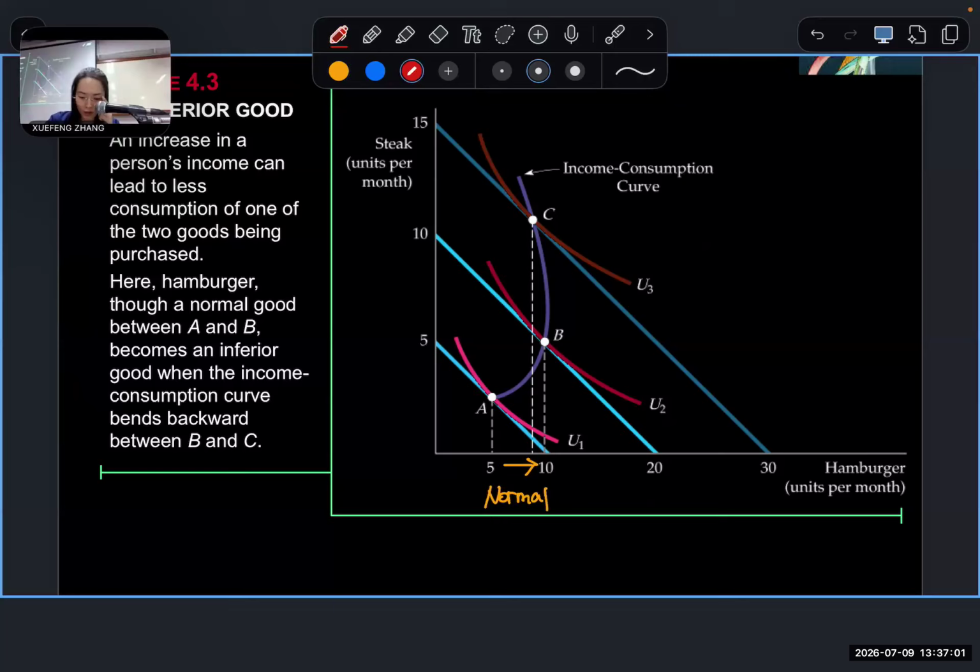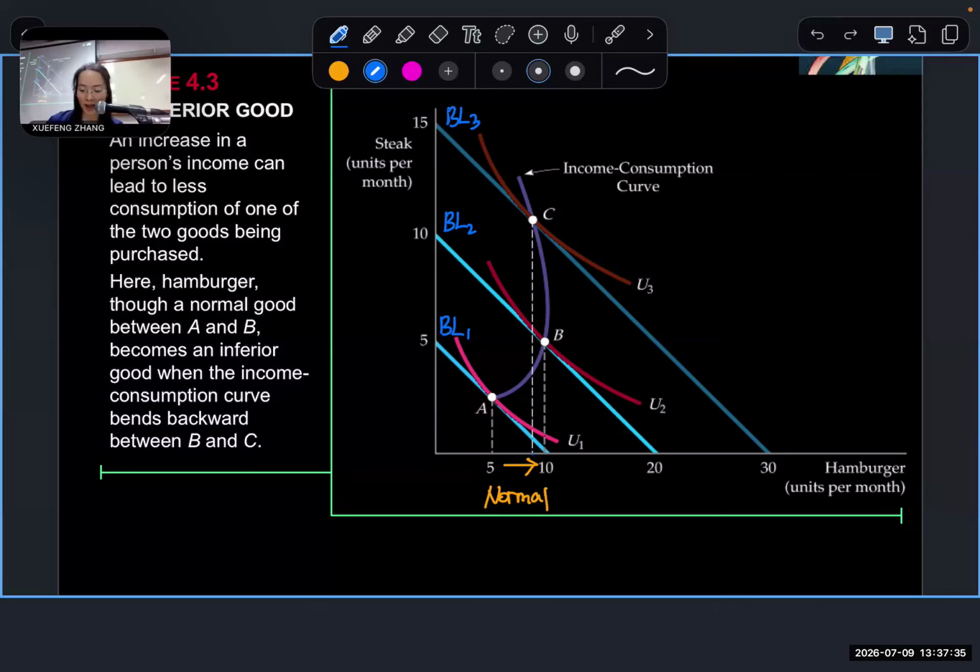And let's see what happened next. And then our income kept increasing. So now we have a new budget line. So maybe I need to write down here. This is budget line 1, budget line 2, and budget line 3. In this case, we're gonna move from point B to C. Here actually we're gonna buy just maybe around 8 hamburgers, right?